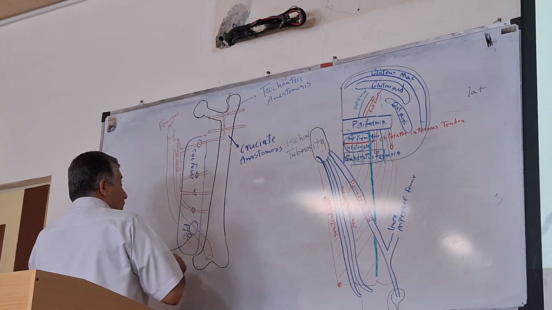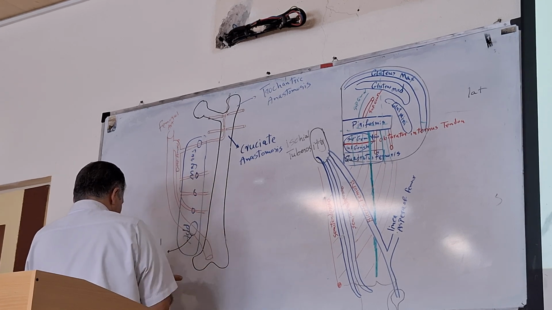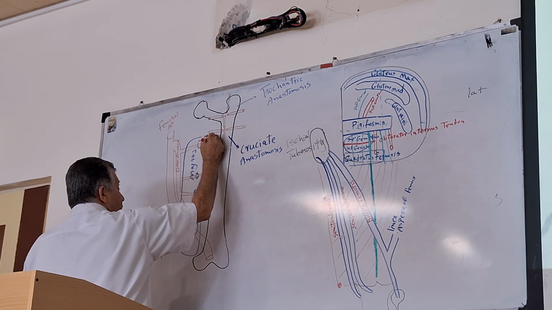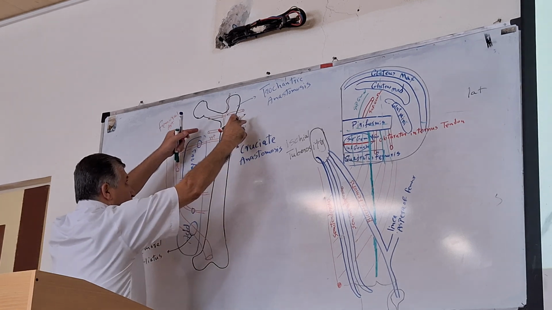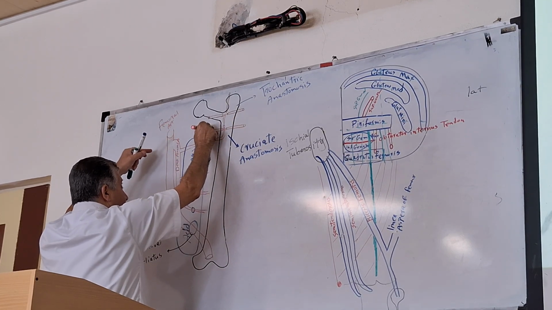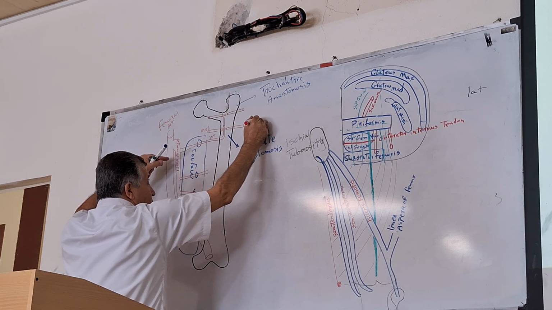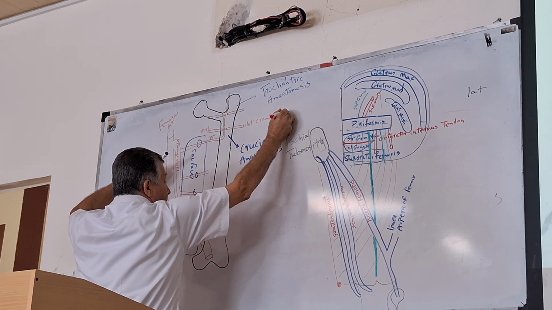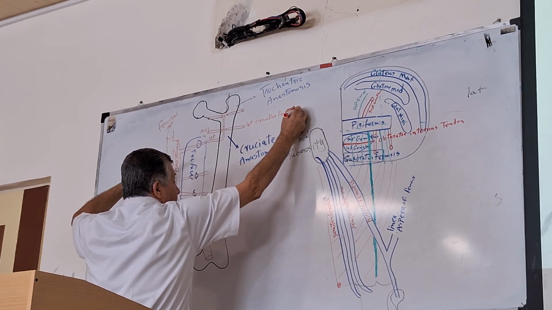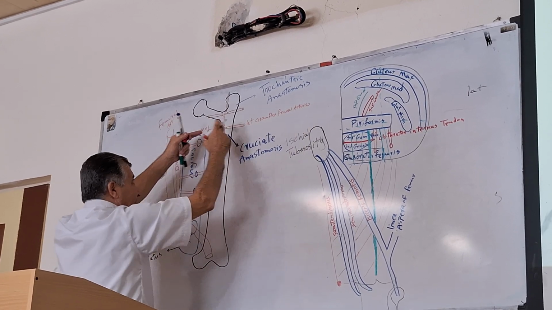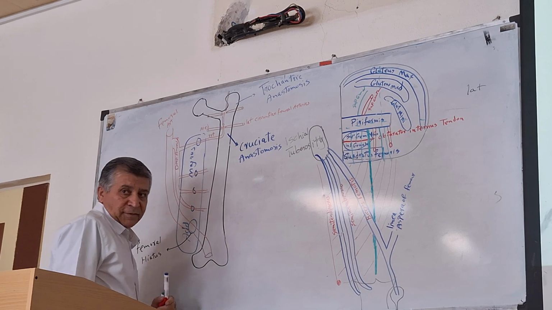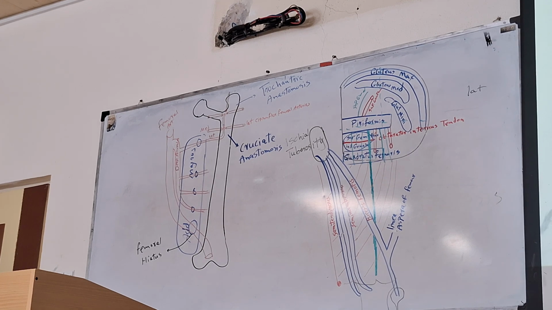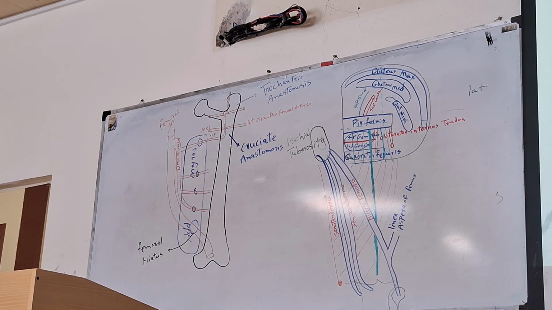Then medial and lateral circumflex femoral arteries, which are branches of the deep femoral artery.